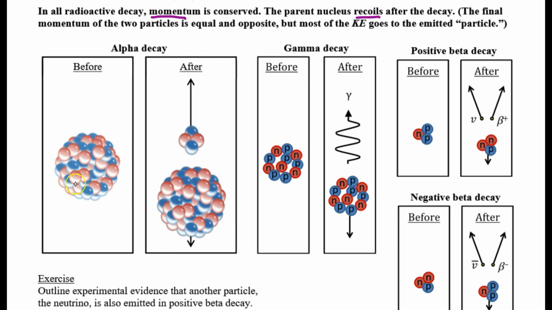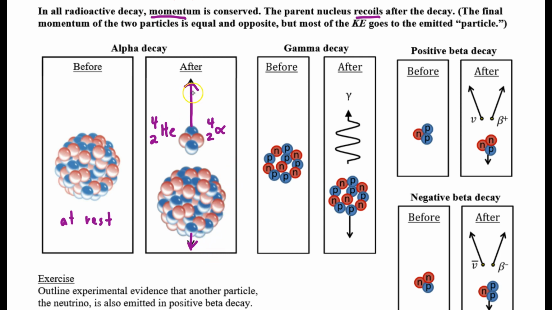You've got a big nucleus here that's at rest, or maybe you take the frame of reference of the nucleus so that it's at rest. And then during this decay, you eject a really high-speed alpha particle, which is just a helium nucleus. You could write it like this or like this. And what happens? The daughter recoils, moves back in the opposite direction.